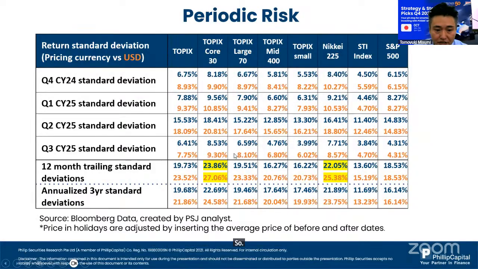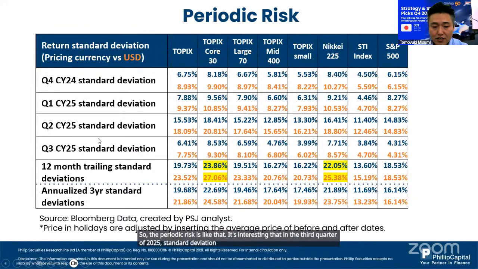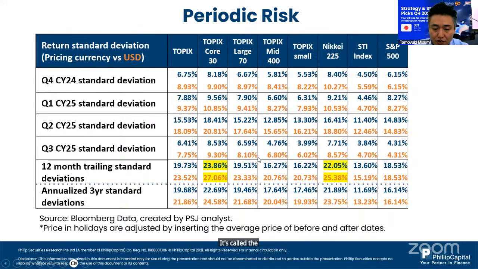So the periodic risk is like that. It is interesting that in the third quarter of 2025, the standard deviation of the return, which is the risk of the stock return, is relaxed compared to earlier in 2025, and it also appeared in the S&P 500.